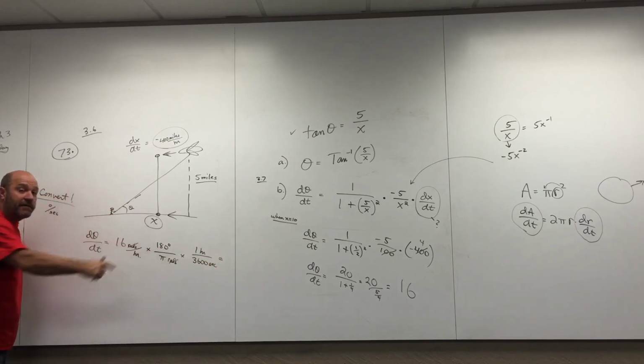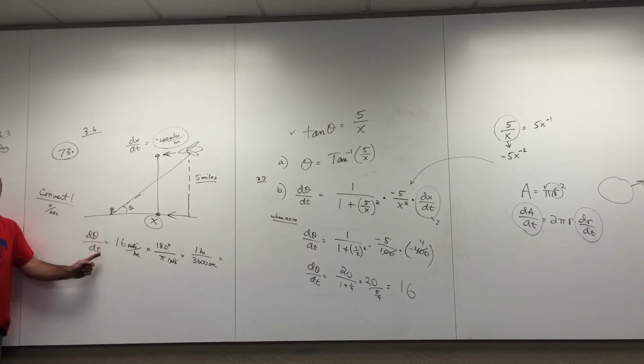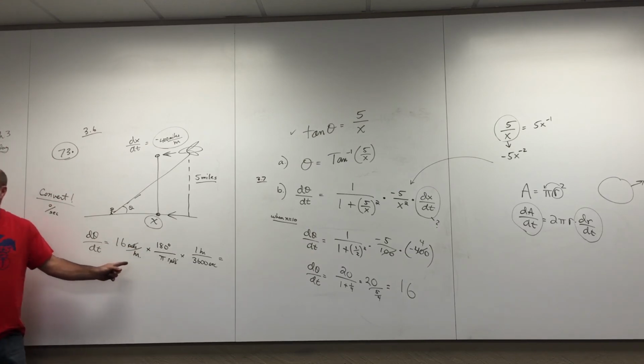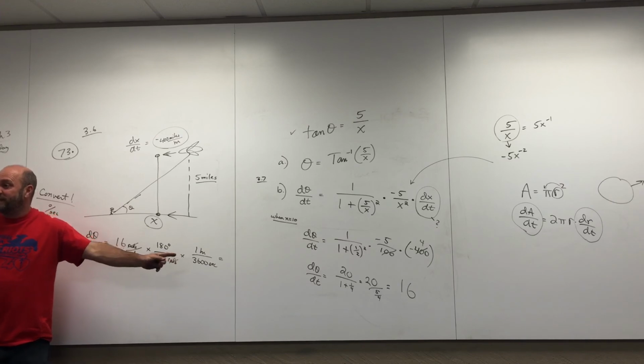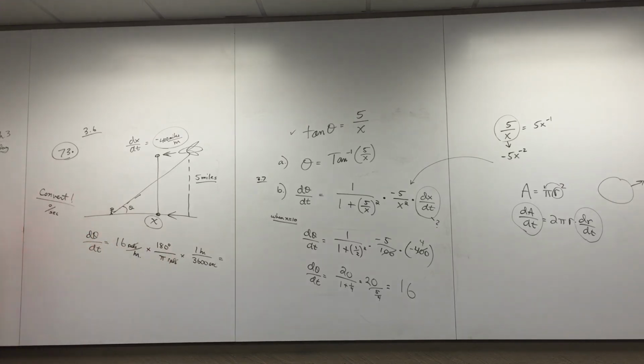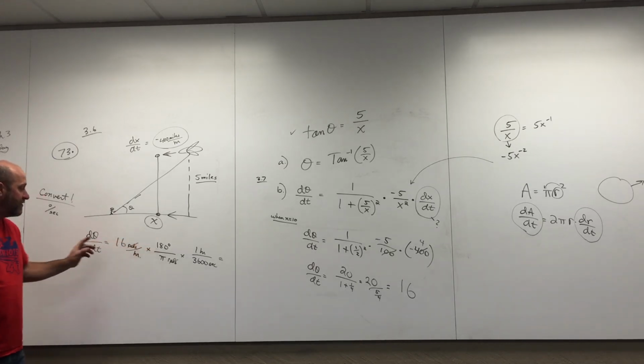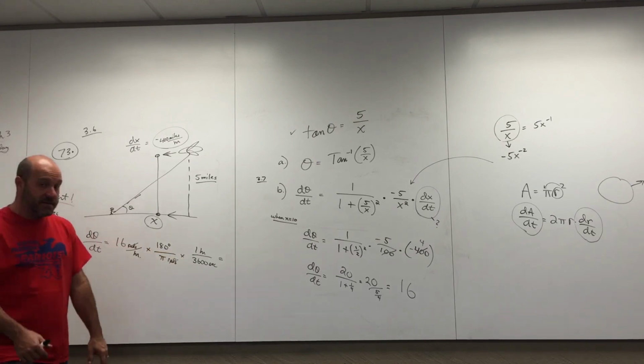This is converting. It's kind of cool to be good at converting. This will make more sense, and now this will be degrees per second. This is a better answer, I think. Help me out. 16 times 180 divided by pi, also divided by 3,600.